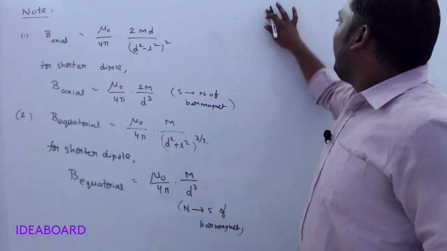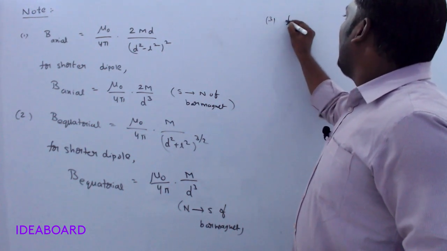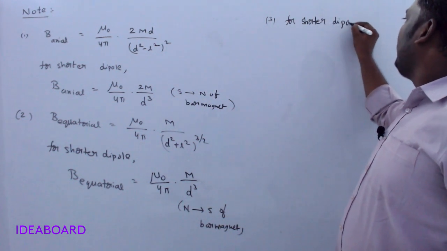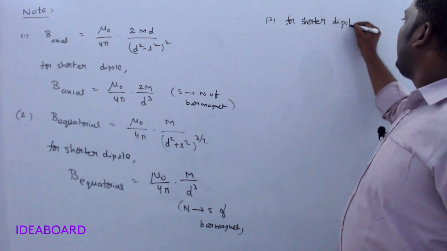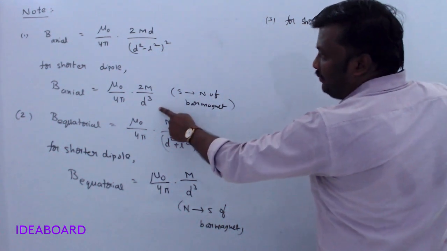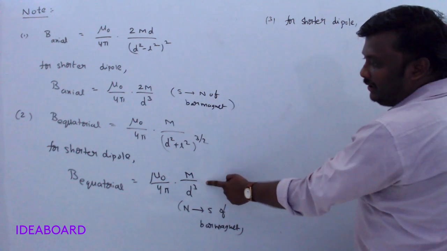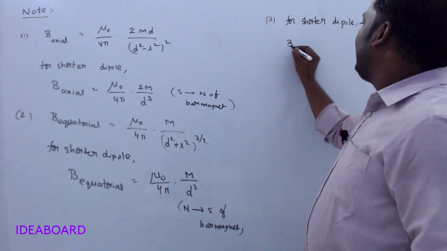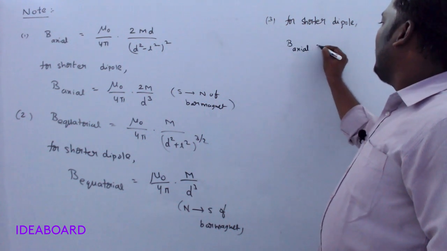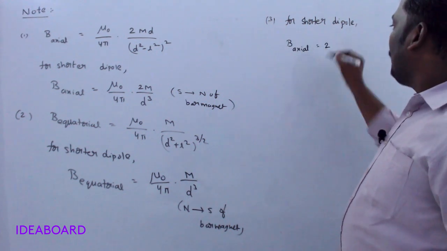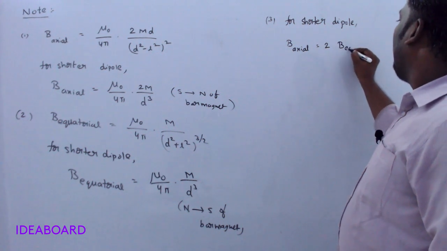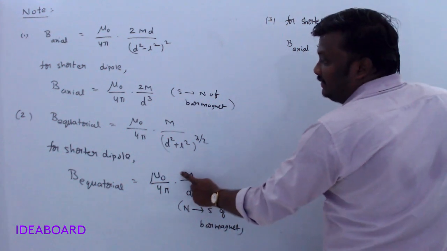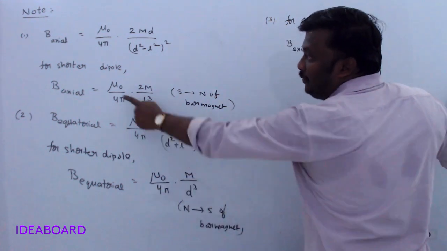Now from those formulas, let us see for a shorter dipole. Here mu naught by 4 pi 2M by d cube, here mu naught by 4 pi M by d cube. So can you write B axial value is equal to 2 times B equatorial, because if you multiply this value with 2, then you get this one.